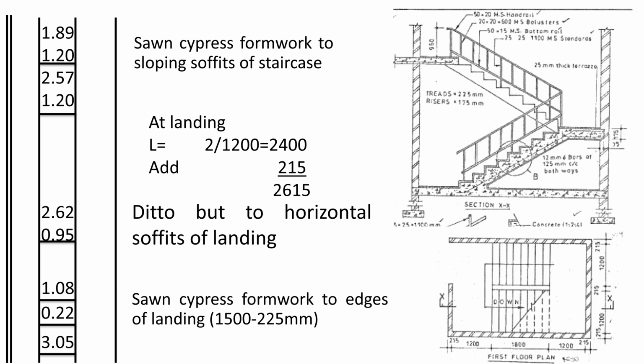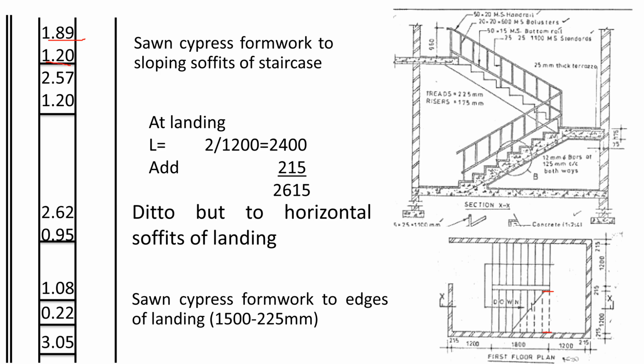Now we want to know the area for the formwork for the sloping soffits. So we shall take the first one, which is 1892.91. That is in millimeters. So in meters it shall be 1.89. Then the width of the soffit, it's from here to here.